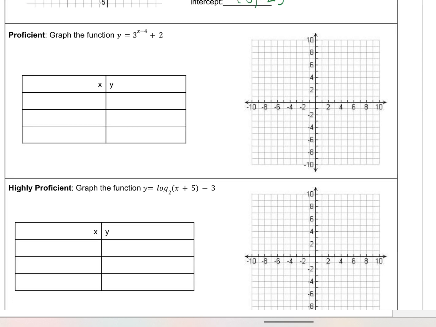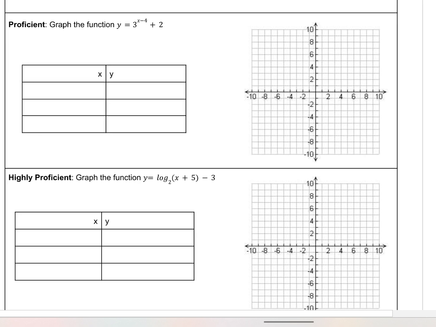Okay, now we are going to graph an exponential graph. So what you want to remember is that an exponential graph will always go through the point (0, 1), okay? And then whatever the base is, we can identify the base on this problem is a 3.